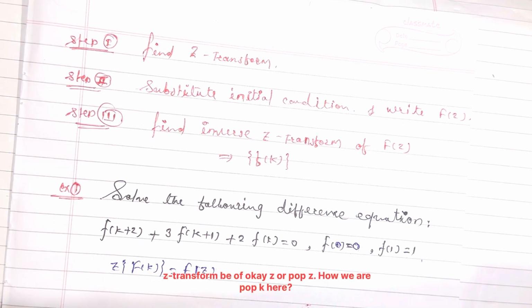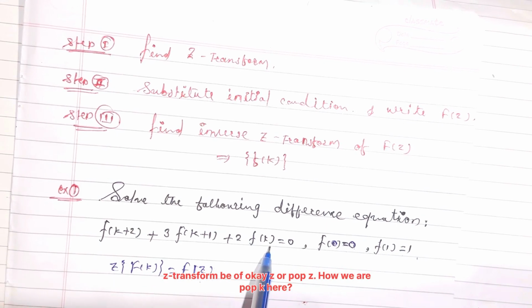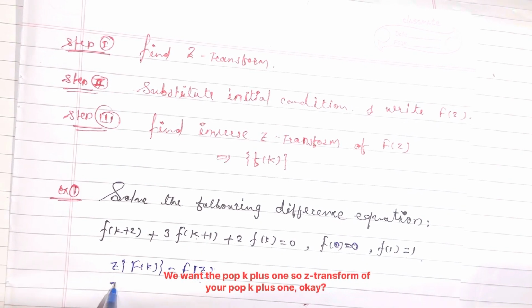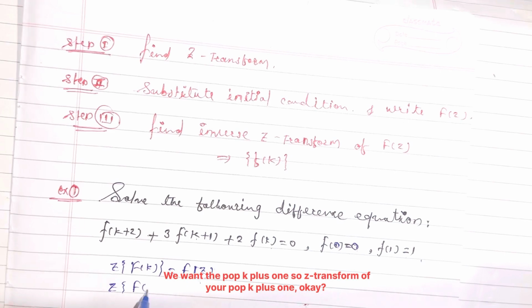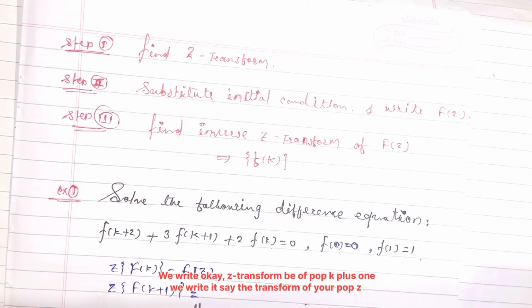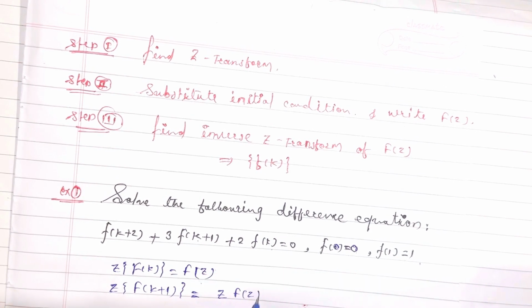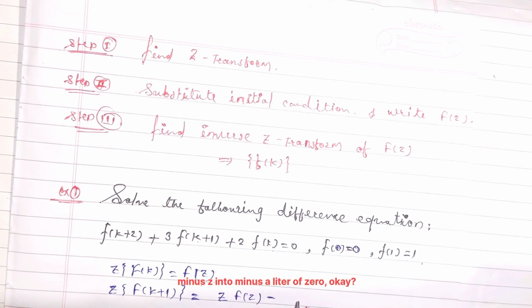The Z transform of f of k is F of z. We also want f of k plus 1, so the Z transform of f of k plus 1 we write as z F of z minus z into f of 0.